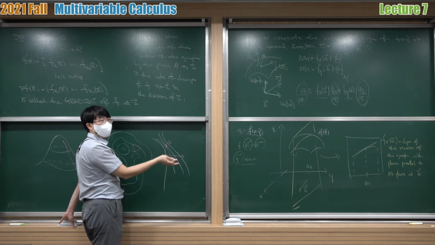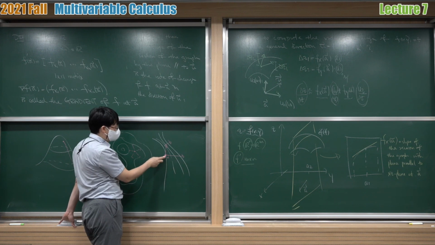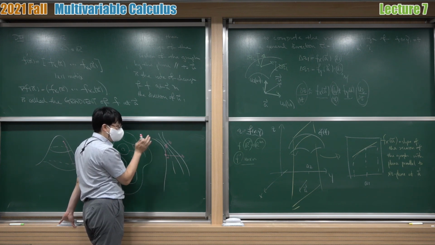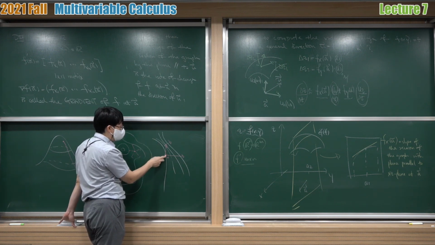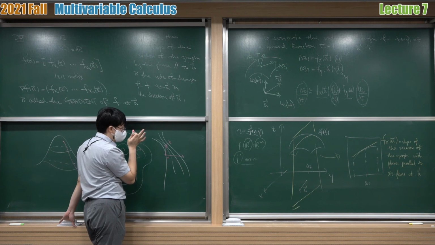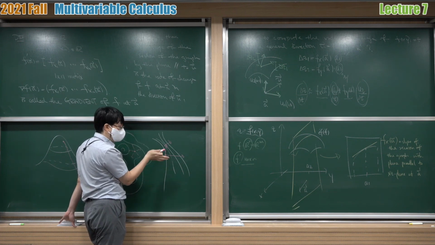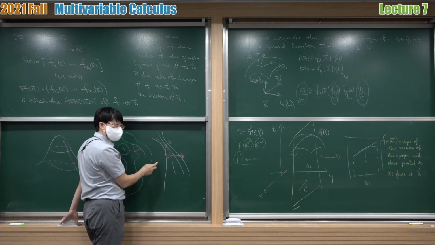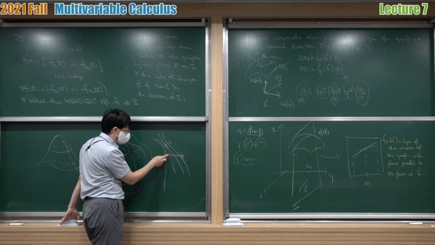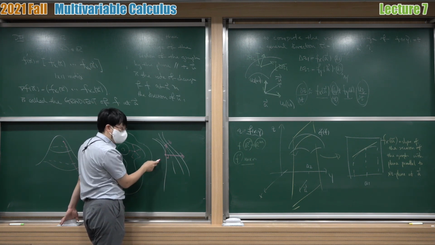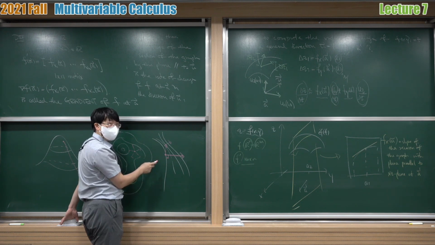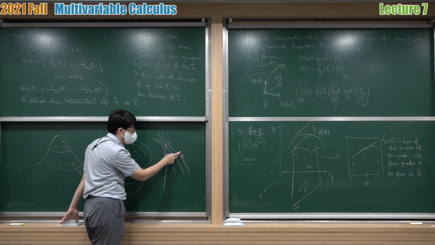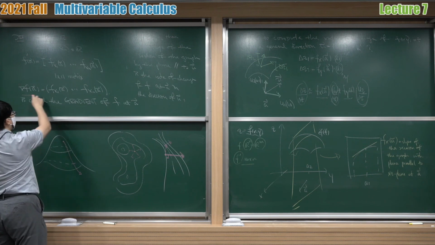There's no strict answer, but in that moment, if you try to determine which direction is the steepest, then you have to choose the direction perpendicular to the contour line where you're standing. This direction is the gradient direction.